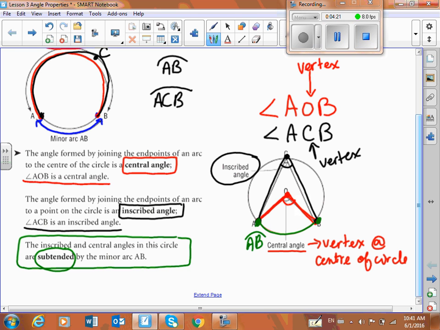Okay, so both that central angle and that inscribed angle are subtended by the same arc. What I want to point out is that their start and end points are exactly the same. That's what we mean by subtended by the same arc. This angle goes AOB, this angle goes ACB, different vertex, same start, same end. Okay? Now, that information is important because if they are subtended by the same arc, they have a relationship to each other. And here we go.